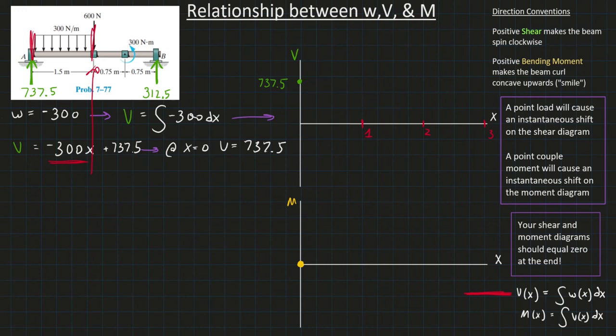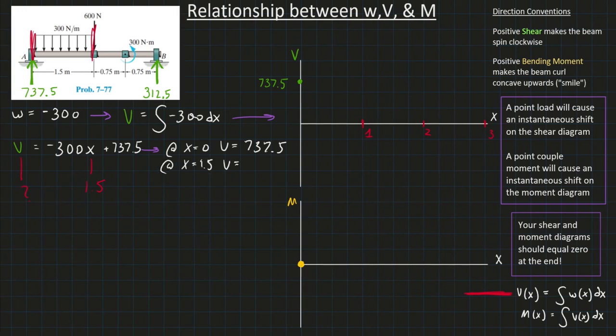The question is, do we stop over or under? Well, again, we have all the information we could ever need here. We can figure this out. We can just plug in 1.5 into this x, and we'll figure out what our V is. That'll be a positive 287.5. So that will be basically around right here.